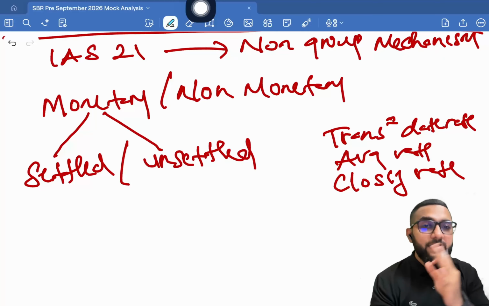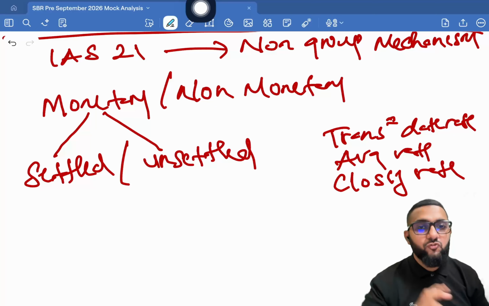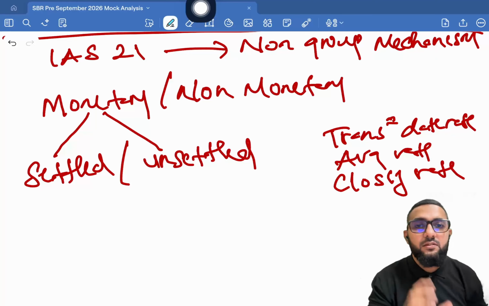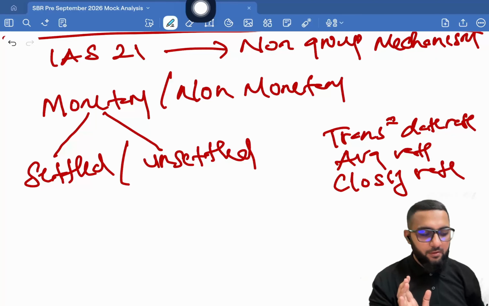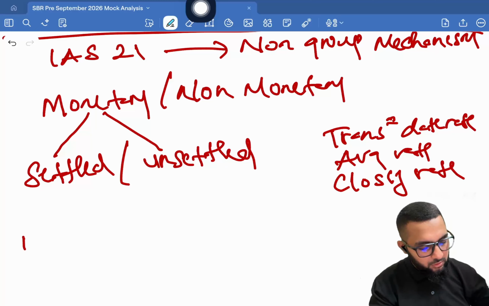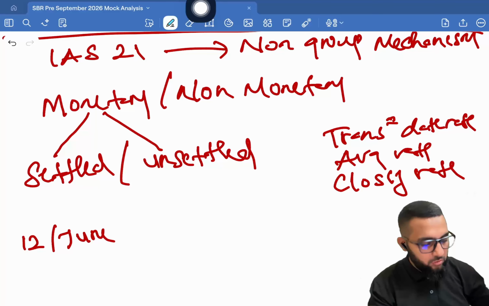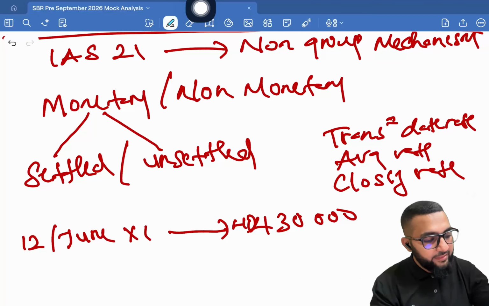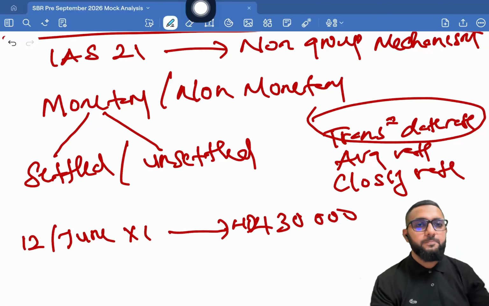Monetary items need to be translated on the transaction date at the transaction rate. So on 12 June X1, you take the 430,000 HEM dollars and translate at the transaction date rate.